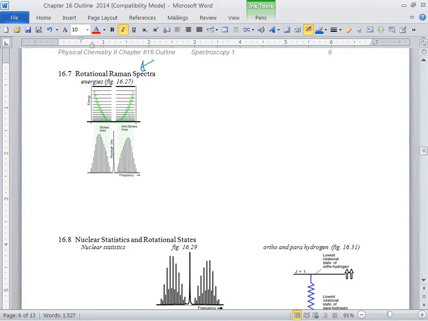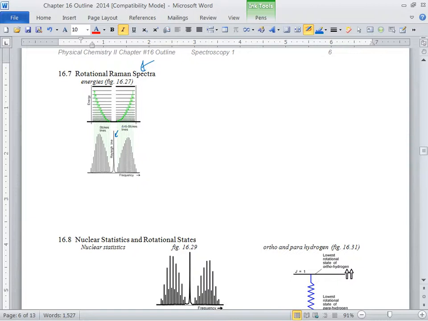Remember, the scattered radiation can be exactly the same as the incoming radiation, but that was an elastic collision, which was not so much Raman as it's called Rayleigh. Yeah, that's this center line here. Completely elastic scattering, Rayleigh scattering.